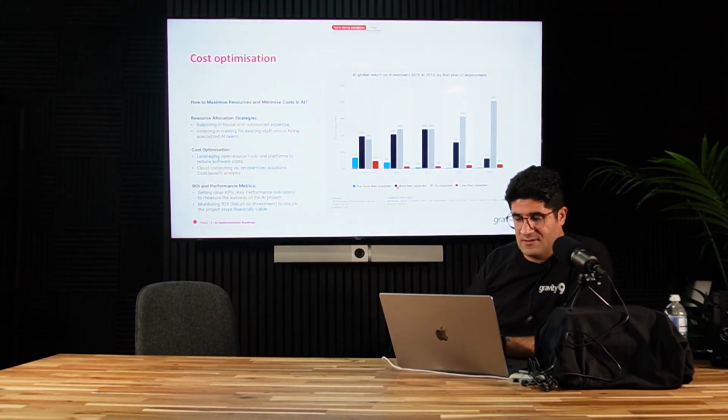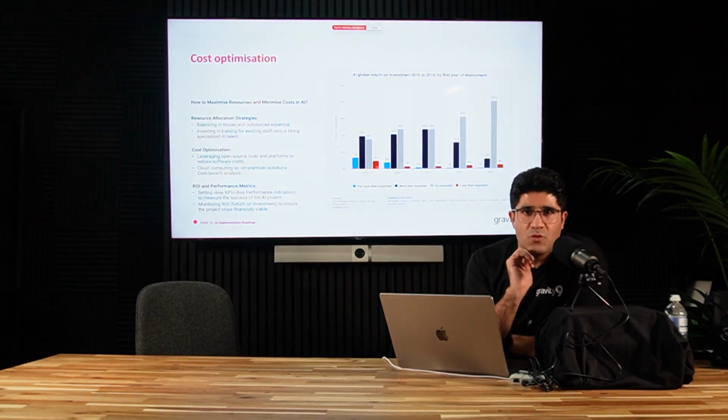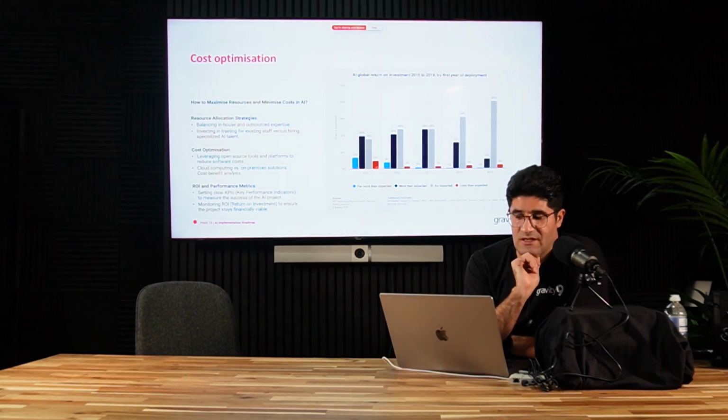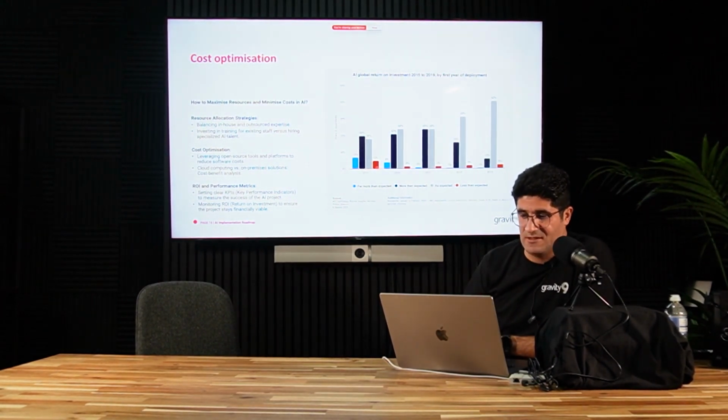The dark blue, I think, is more than expected. The gray is as expected, and the maroon is less than expected. As you can see, the return on investment for AI projects is really high. And I think lots of people and organizations achieved what they planned. But you need to consider lots of things during this process.